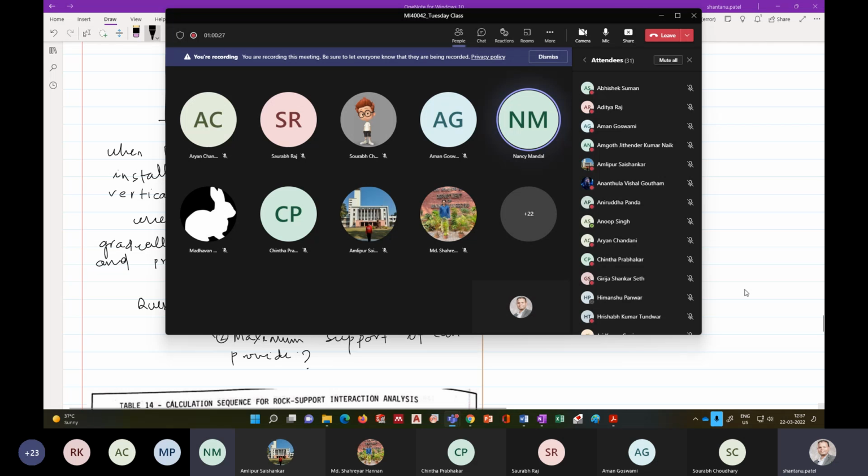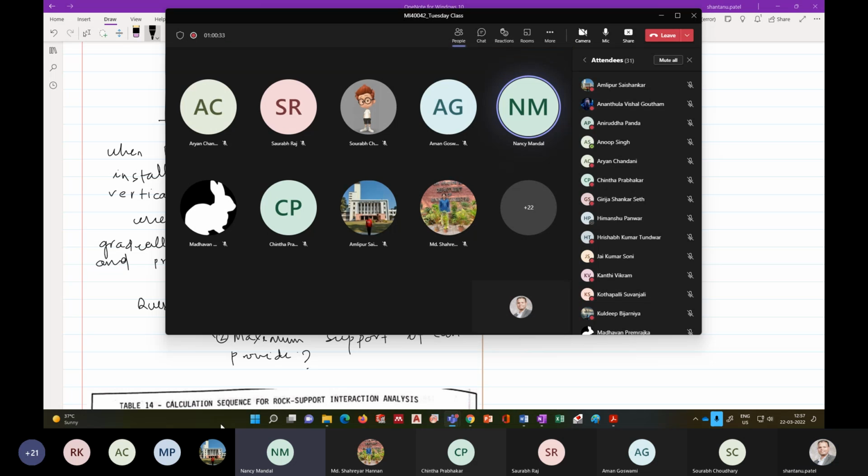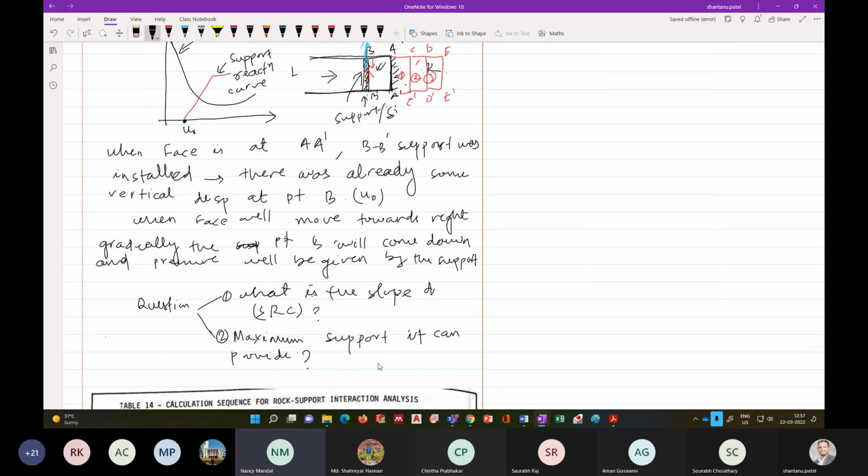Let's see who is here. Sir, yes, sir, I have a question. Yes, please. After excavating the AA dash phase, then only we are getting displacement at B, right? How did this line come, like when the phase is at AA dash and BB dash support was installed? There was already some displacement, vertical displacement at point B. Yes.